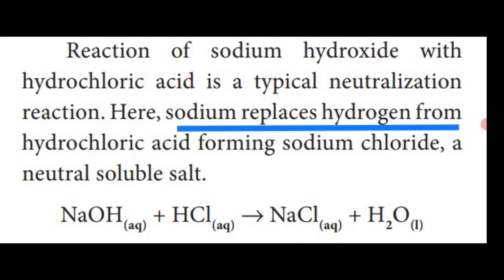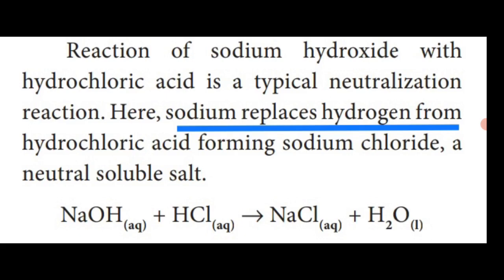Hydrochloric acid formula HCl is an acid. Acid reacts with the base to form NaCl and water. Na reacts with Cl to form NaCl, which is a salt. H reacts with OH to form water, H2O.